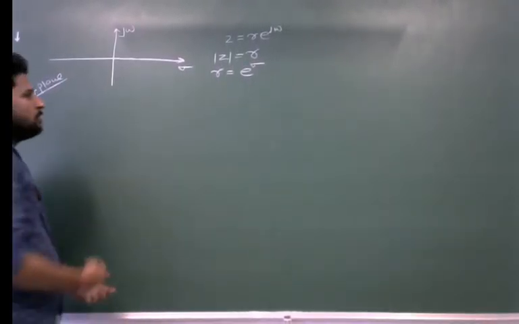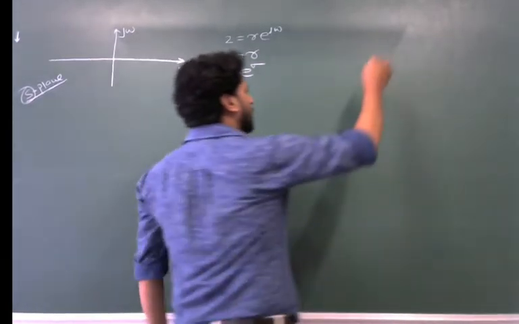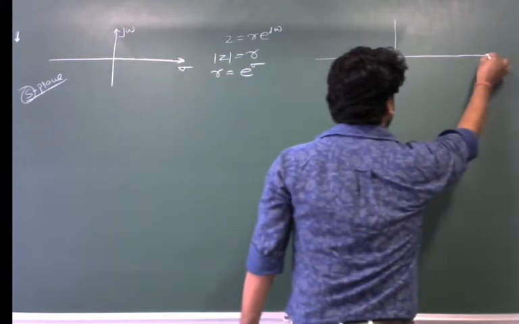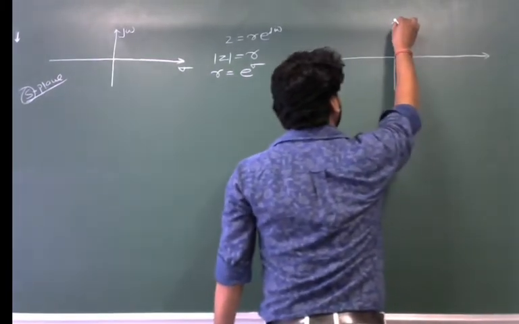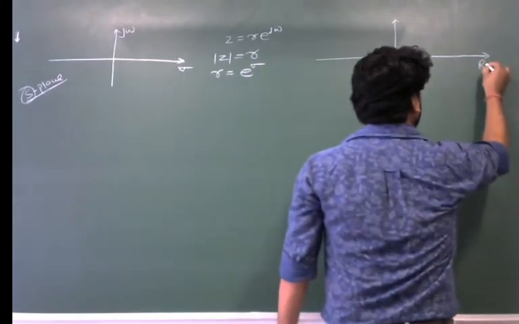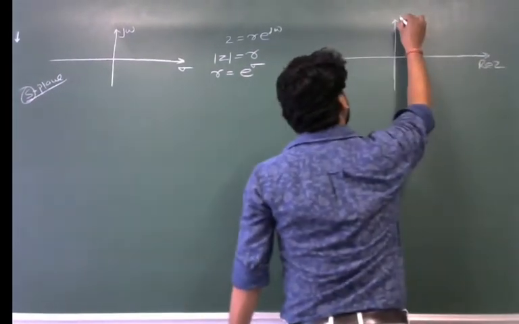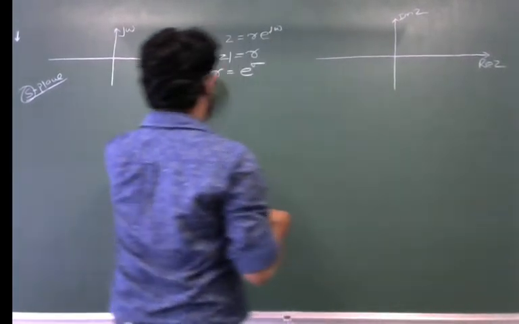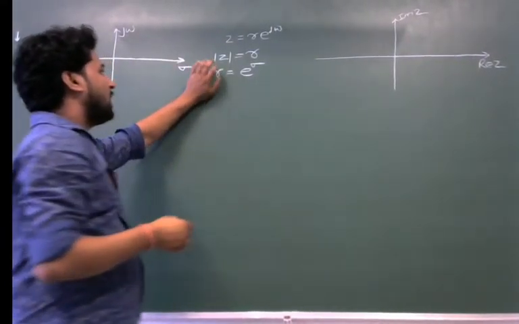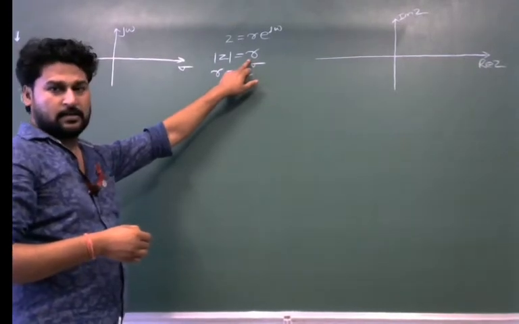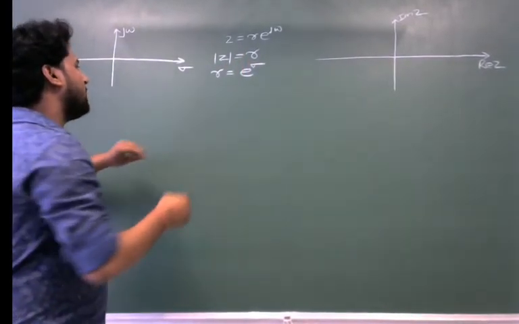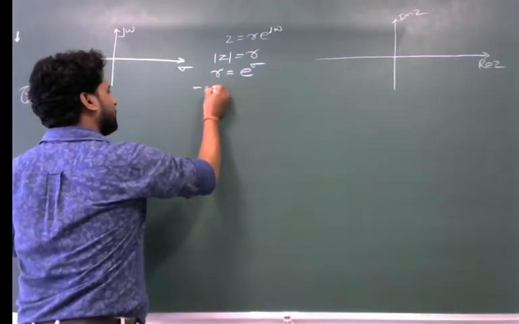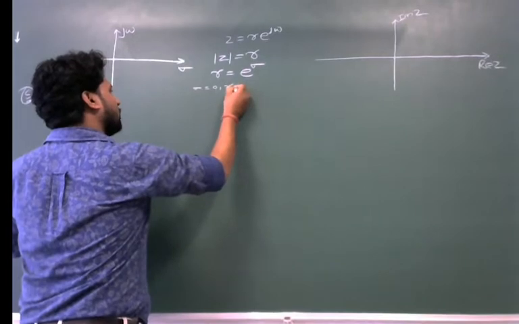So if we want to plot the ROC for the Z transform, this is the real part of Z and this is the imaginary part of Z. This mod of Z will be equal to a circle of radius r. When sigma is equal to 0, then this r will be equal to 1.